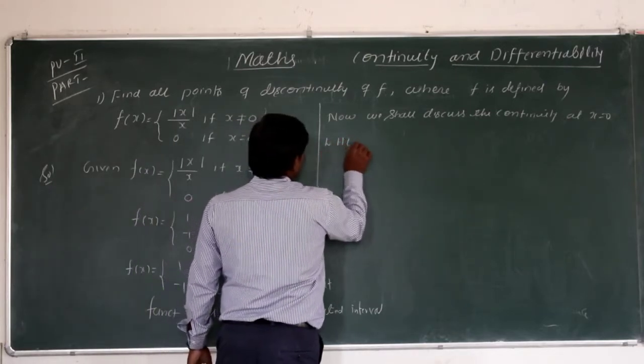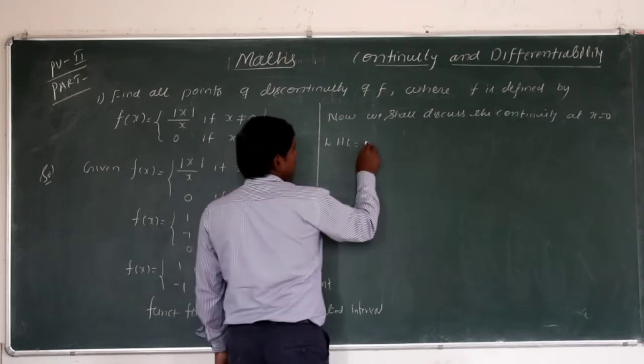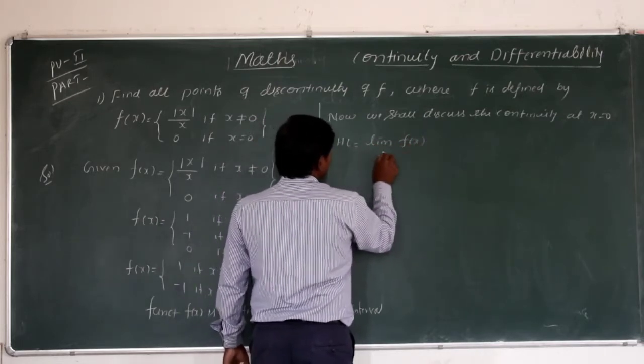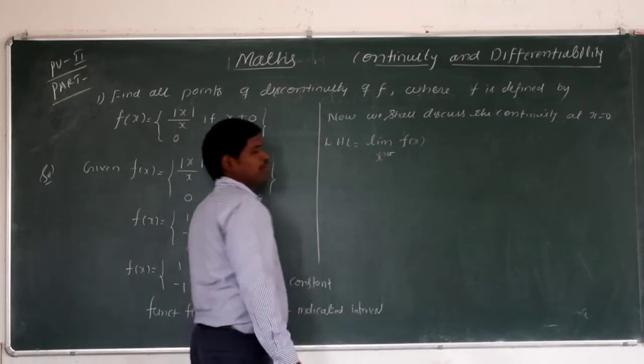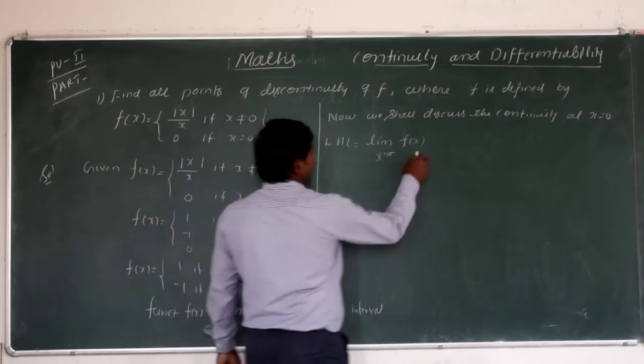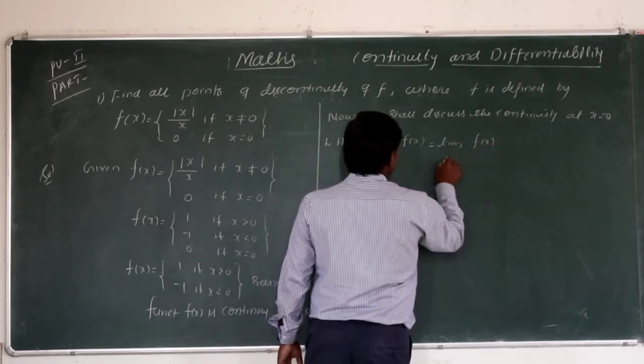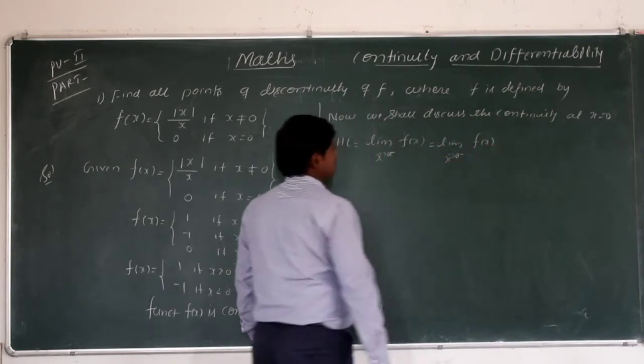The definition of left hand limit is the limit of f of x as x tends to a minus. So here it is the limit of f of x as x tends to 0 minus.